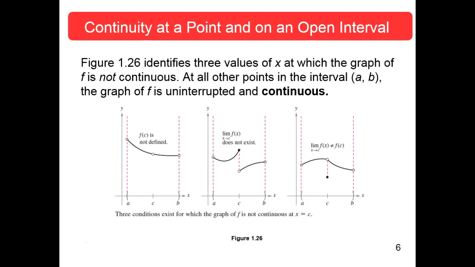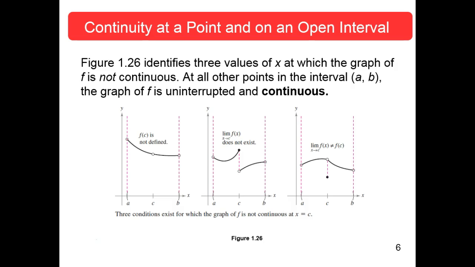Everywhere else it is defined, and it's continuous everywhere else, but it's not defined at x equals c, so it's not continuous there. Here, it is defined at x equals c. There it is. There's a value there. But at x greater than c, it jumps down and goes here. So this is continuous here and continuous here, but not continuous here because it jumps from here to there. That's called a jump discontinuity. This is called the hole in the graph. This is called a jump discontinuity.